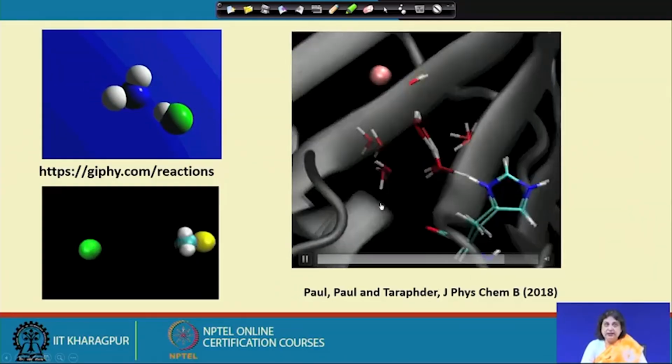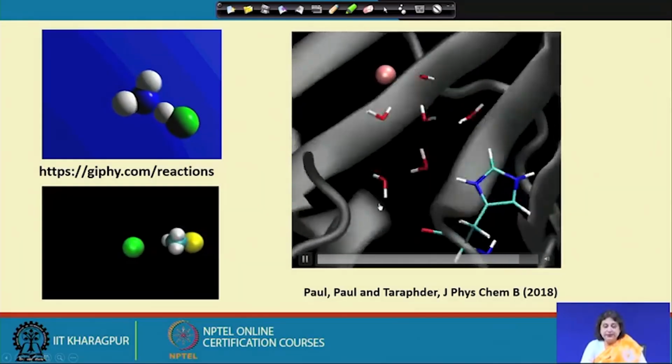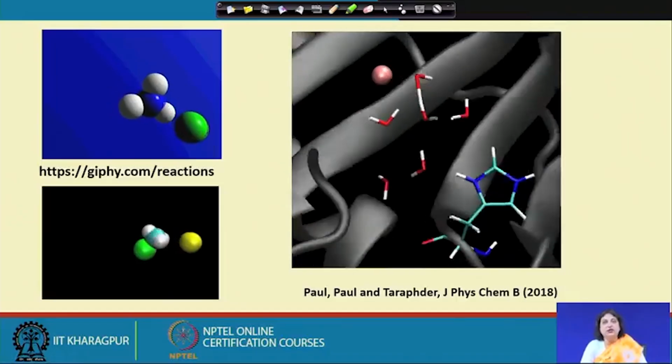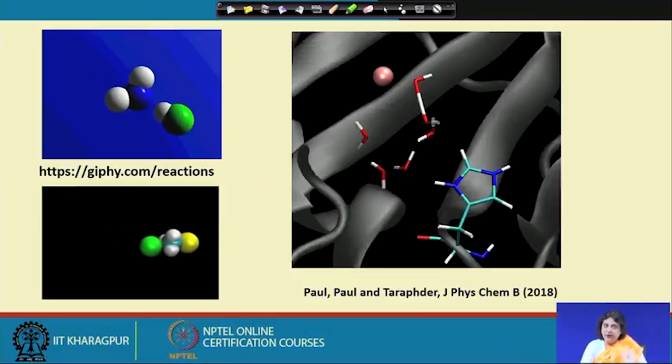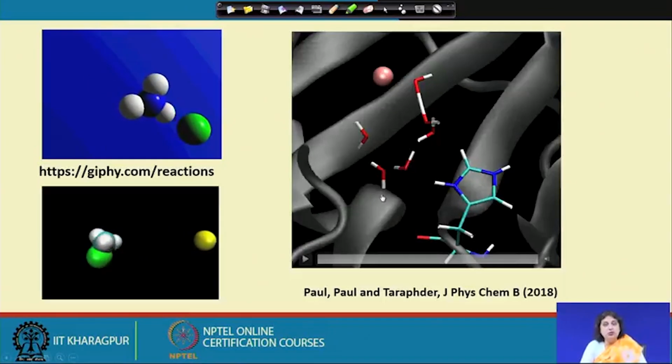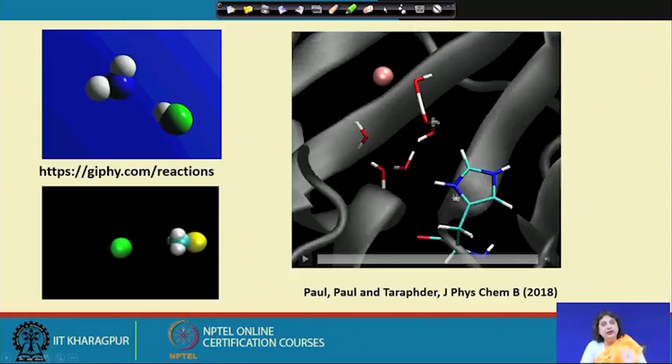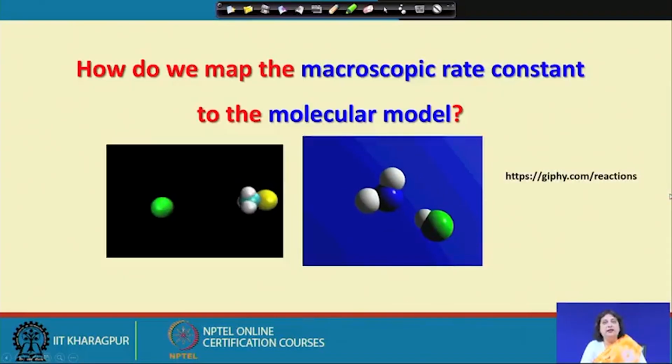So, the question is, as you see that the system is undergoing a series of transformations, whereby it goes through a very large number of microscopic states. Therefore, if you want to find out that macroscopic rate constant, you need to take into account all these microscopic states that are available to the system.